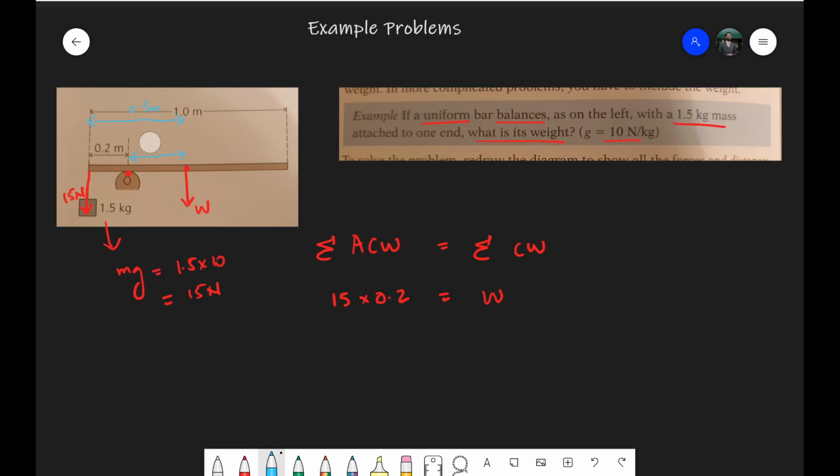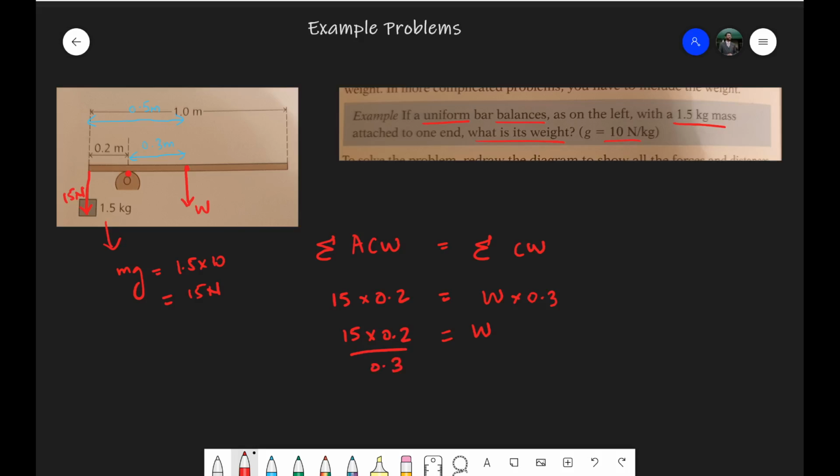Now if that distance is 0.5 from the left, and if you subtract 0.2 from it, you will get 0.3 meters. So that means that weight should be multiplied by 0.3 meters, and using this equation you can find out the value of W, which will be 15 multiplied by 0.2 divided by 0.3.